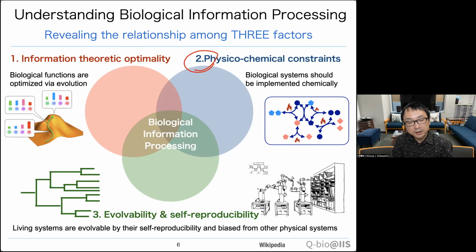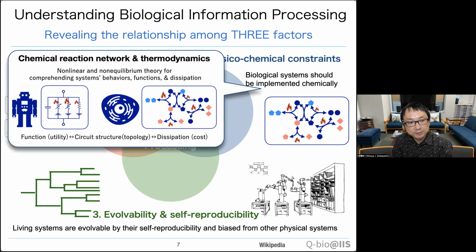Therefore, all biological systems should follow the physical, chemical, and dynamical laws. So we have to understand more about what can be implemented using chemical reaction networks, and also the associated thermodynamics, in order to account for the dissipation that must be paid for realizing a certain function using a chemical reaction network.